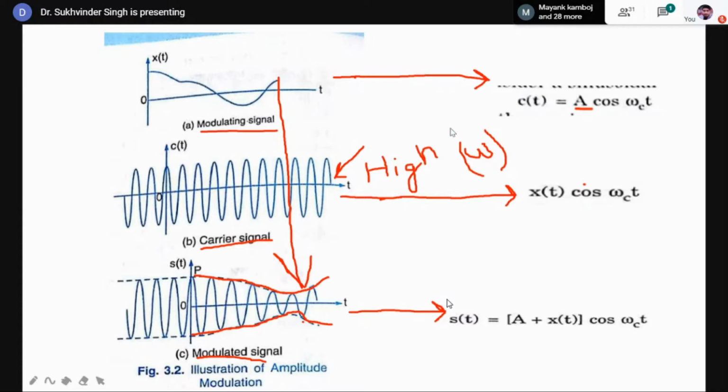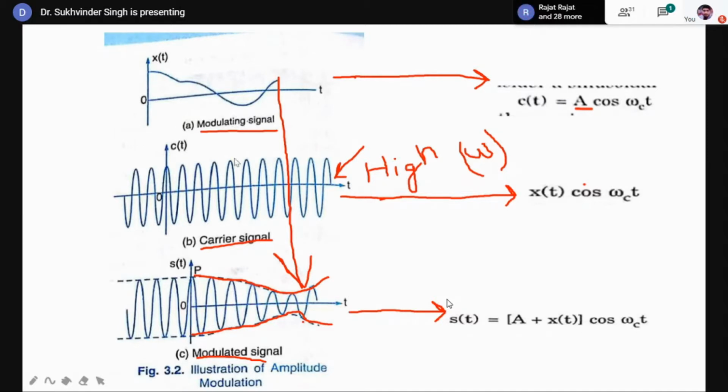So what actually happens in the modulating process is that this modulating signal x(t) is superimposed upon this carrier signal c(t) equals A cos omega_c t. Then in the modulation process, this modulating signal will try to change the characteristic properties of this carrier wave.